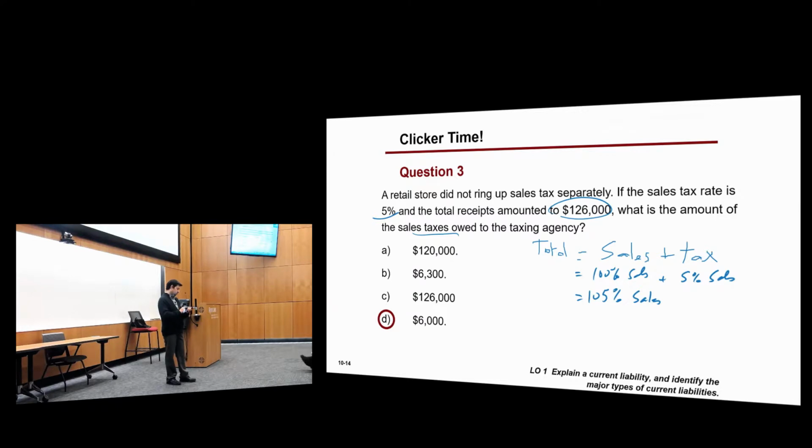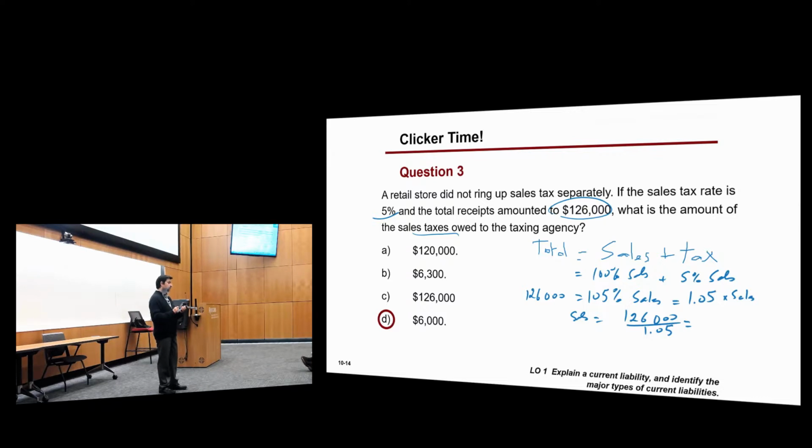This is equal to 126,000. So 105% is equal to 1.05, that's just dividing 105 by 100. So it's 1.05 multiplied by sales. So sales is equal to 126,000 divided by 1.05.